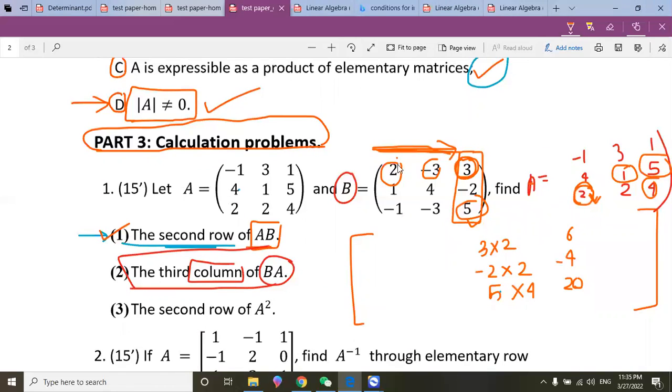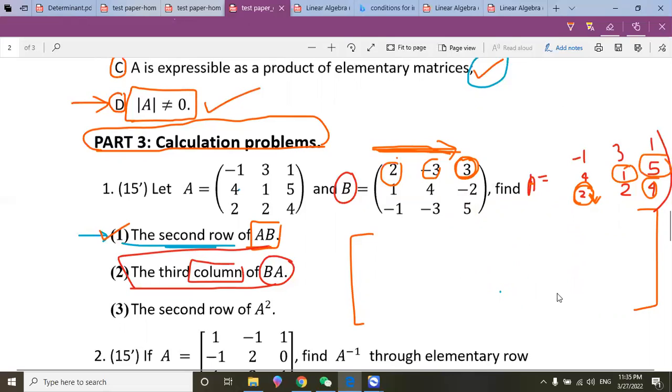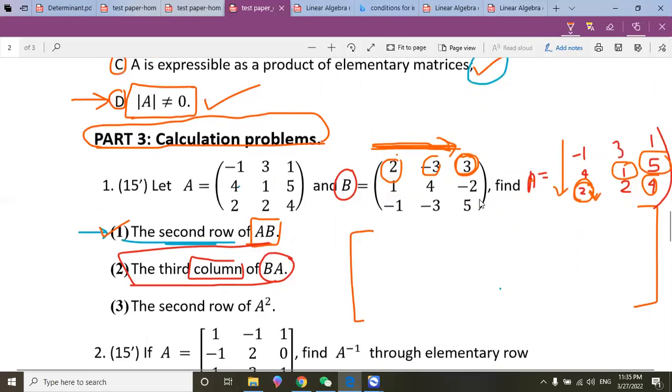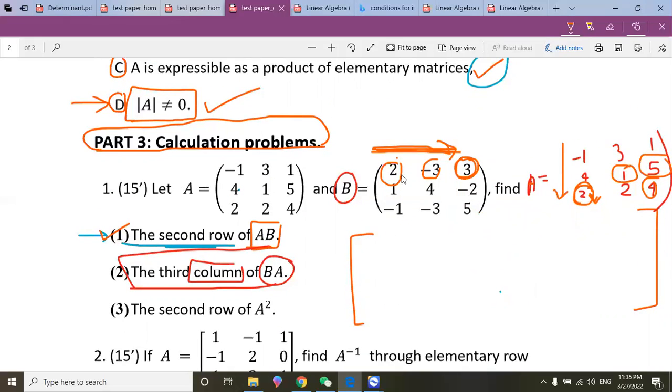So you see here, if I do the full multiplication, it should be from left to right and top to bottom, right? If I multiply the first row with the first column, the entry will be here. The first row with the second column, the entry will be here.